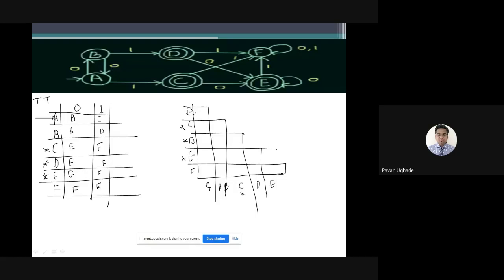Once again, try to understand how I'm going to make the crosses. This is very important. Any combination of a final and a non-final state will be crossed, marking it as a distinguishable state. So AB: this cell is a combination of A and B. Whether it is indistinguishable or distinguishable, as of now, what will you say?